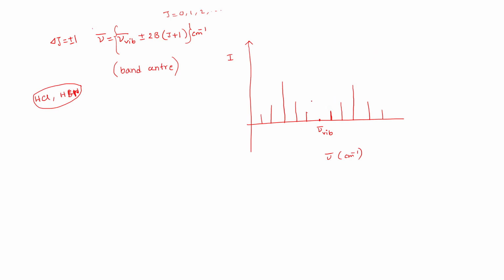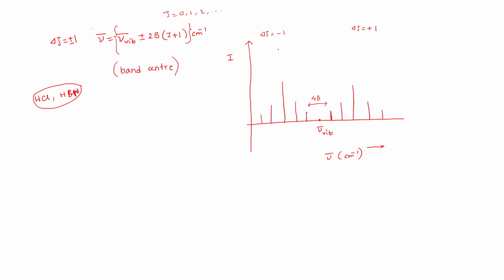The main gap from here to here would be 4B, right? 4B in centimeter inverse. This is all in centimeter inverse, and suppose this is the increasing direction. This part is delta J equals plus 1, and delta J equals minus 1 for this. Which branch is this known as?